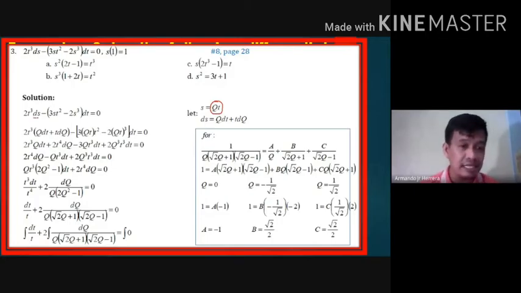So, this ds now is Q dt plus T dQ minus the quantity 3S, but S is equal to QT multiplied by t squared minus 2s, s is QT raised to the third power multiplied by dt.